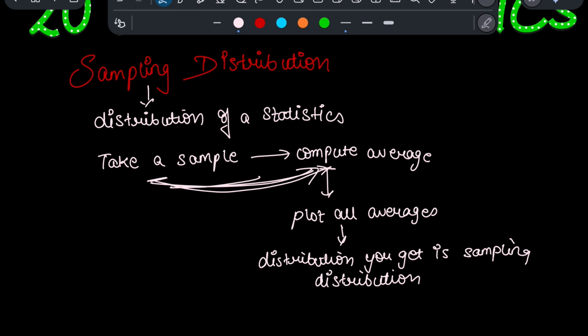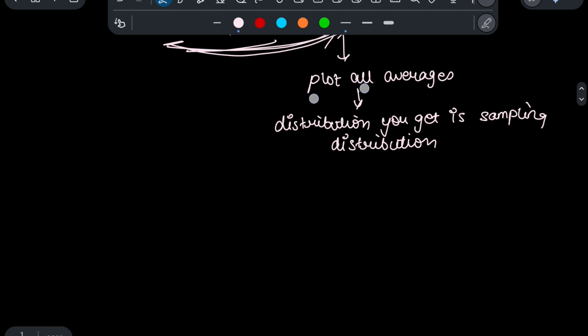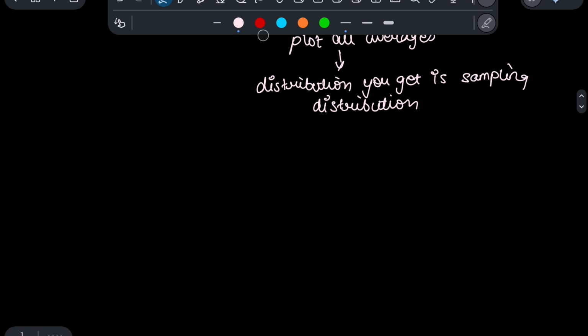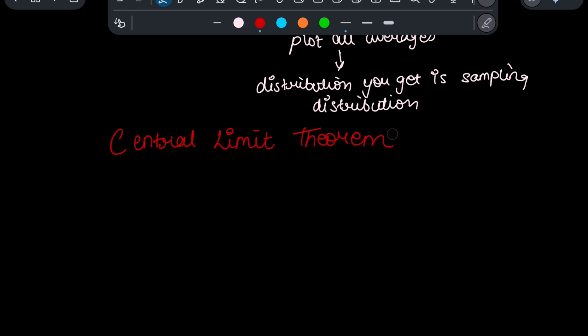Now let's talk about the central limit theorem. The central limit theorem states that as sample size increases, the distribution of the sample mean approaches a normal distribution regardless of the original population distribution.